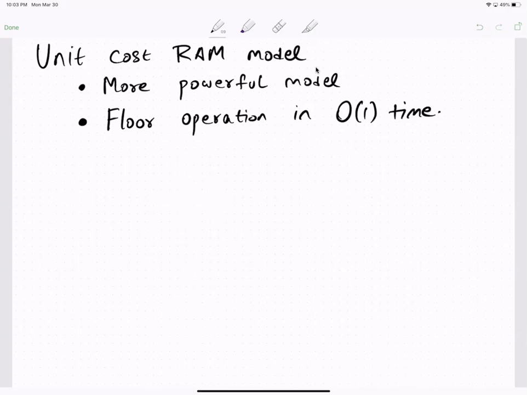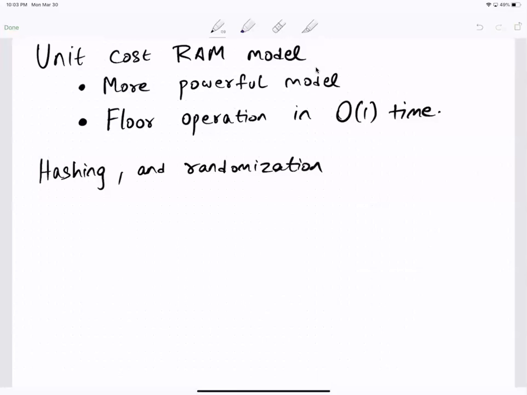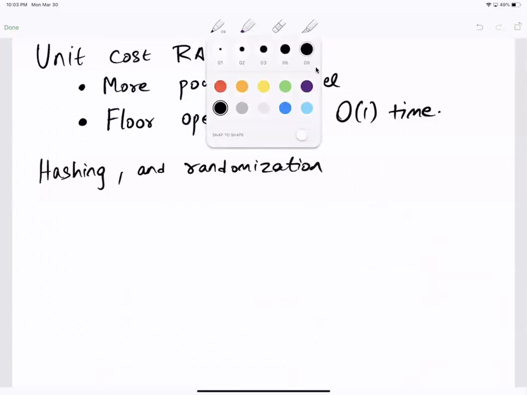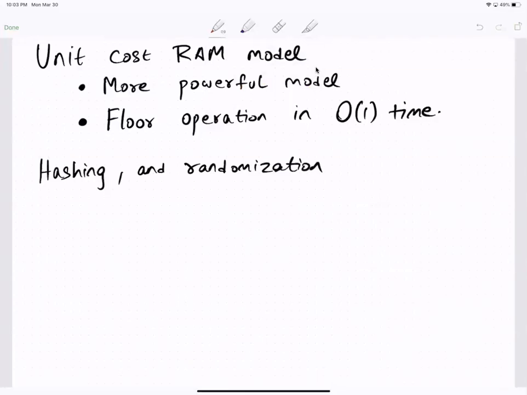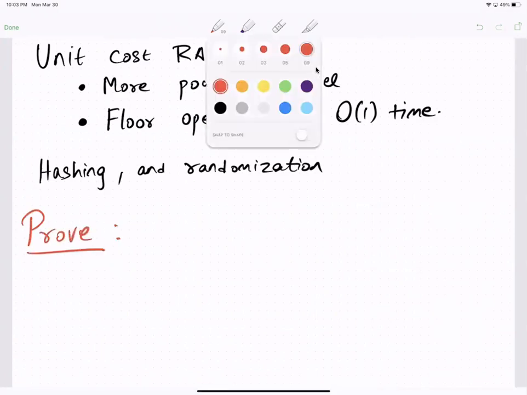Also, in the algorithm that we'll describe today, we'll use hashing, which was not used in the previous n log n time algorithms, and randomization as well. So as you can see, we'll be using a more powerful model of computation, hashing, and randomization, and by using a combination of all of this, what do we want to prove in today's class?